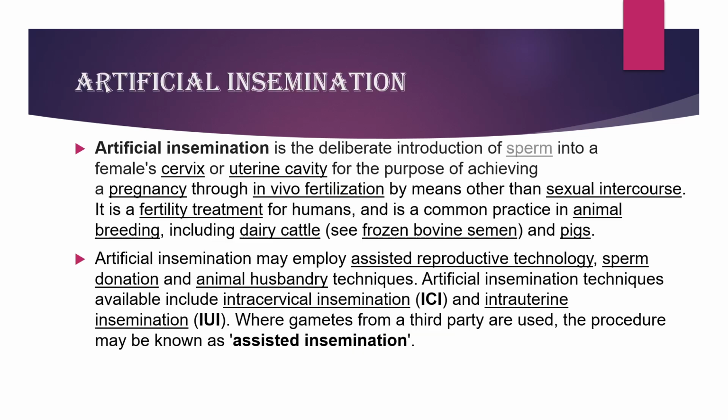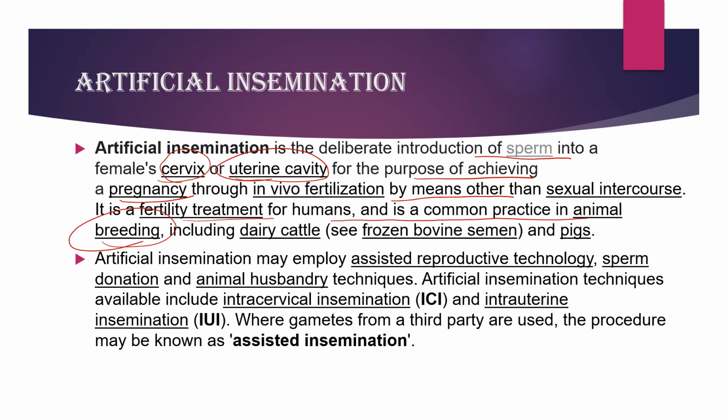Okay. So what is artificial insemination? It is the deliberate introduction of sperm into the female cervix or the uterine cavity for the purpose of achieving pregnancy through in vivo fertilization. So we can say that other than sexual intercourse, this is a fertility treatment for humans in common practice, and it is done in animal breeding also.